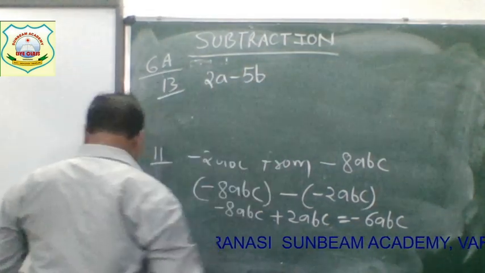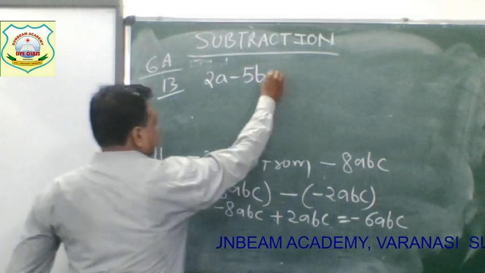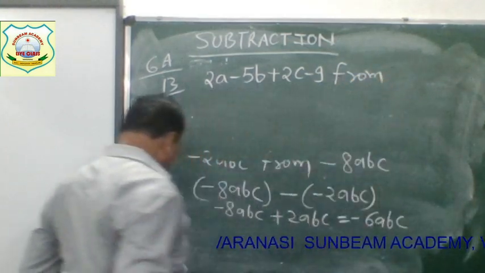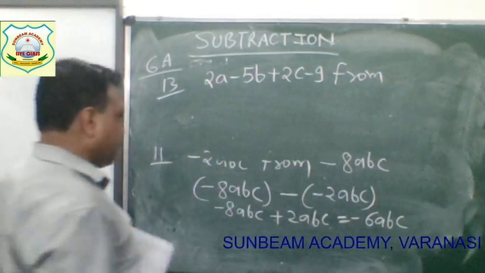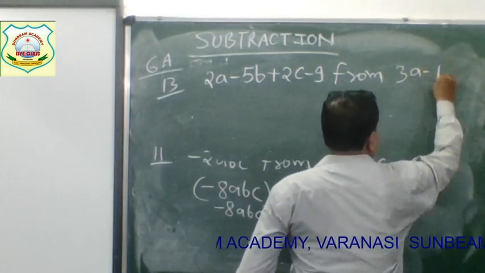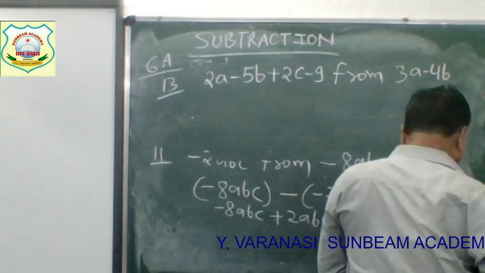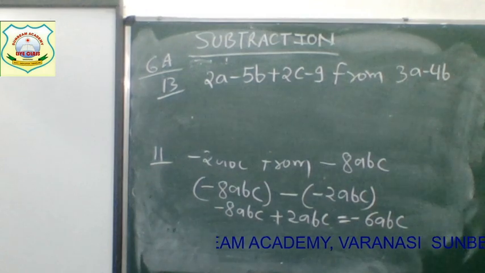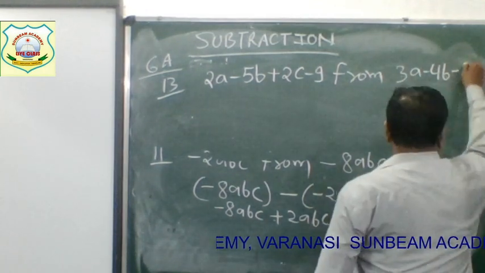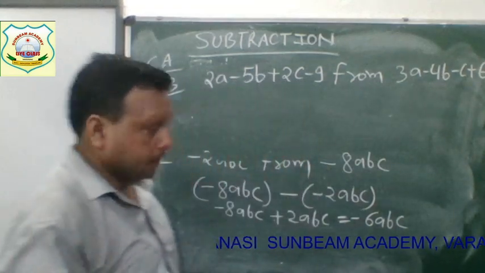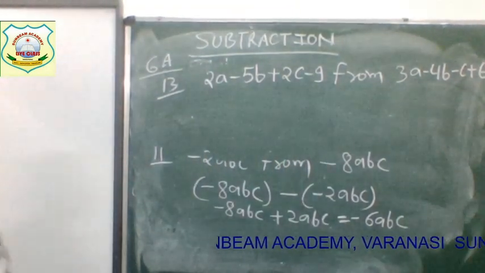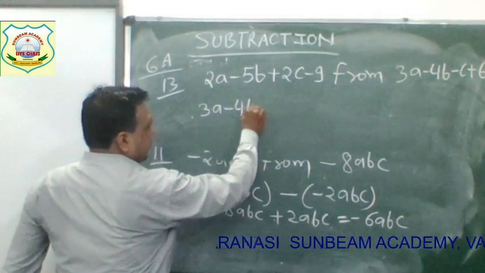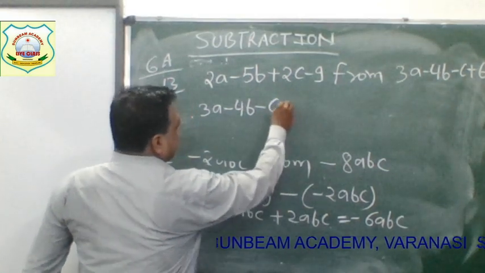Subtract −2a − 5b + 2c − 9 from 3a − 4b − c + 6. This form is given, students. So the form will be: first 3a − 4b − c + 6.